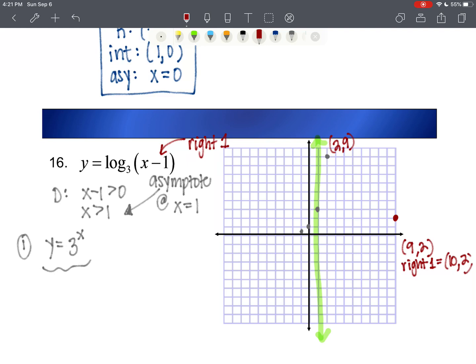We're going to take our ordered pair of 1, 3, and it's going to become 3, 1. But then we're going to go right 1, so 3, 1 becomes 4, 1. So right 1 equals 4, 1.